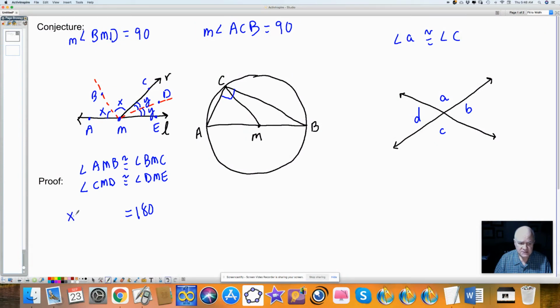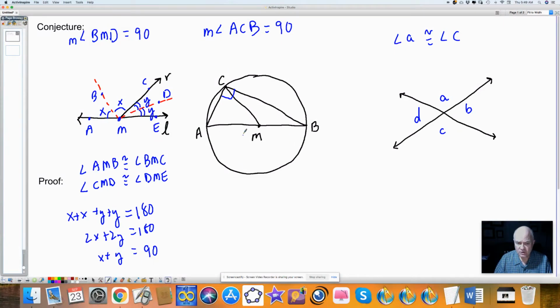That is, x plus y is equal to 180, or 2x plus 2y is equal to 180. If I divide everything by 2, I get x plus y is equal to 90. And that is what I wanted to show, that this angle BMD, which is x plus y, is equal to 90.